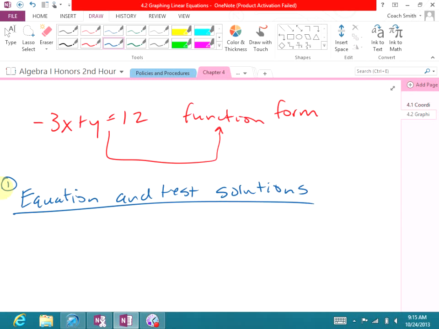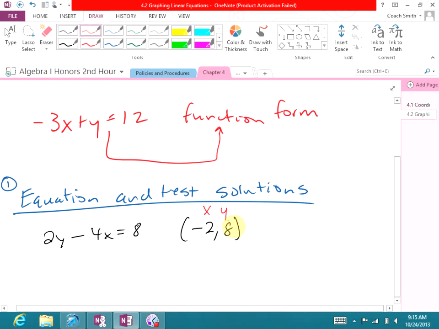For example, if I have 2y minus 4x equal 8, and they tell me that they want to know if this ordered pair of -2 and 8 is a solution. Well, we have to remember what we talked about the other day. There's the x, that's the y. It's very important that you understand the order because you have to plug those values into the specific equation.